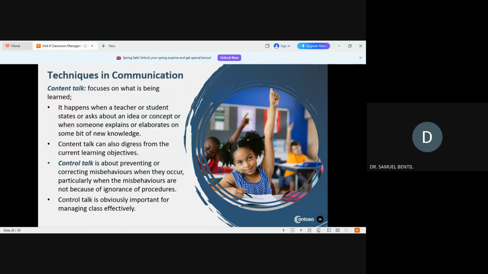It happens when a teacher or student states or asks about an idea or a concept, or when someone explains or elaborates on some bit of new knowledge. So the contributions you are also making and the experiences you are sharing in relation to what we are learning today are examples of content talk.